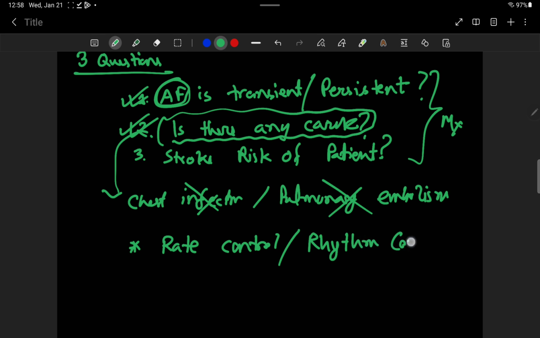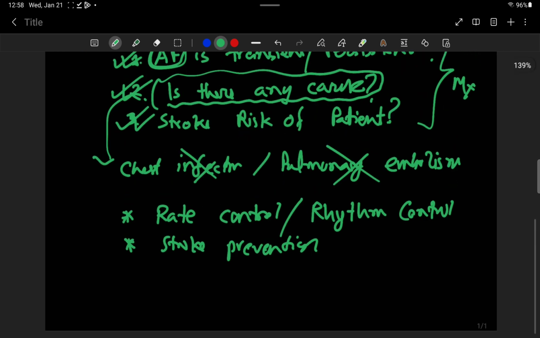These two questions will be there. In any case, whether it is persistent or paroxysmal, stroke preventive management is crucial, as I mentioned in point number 3. So let's start now with the type-specific treatment of atrial fibrillation.